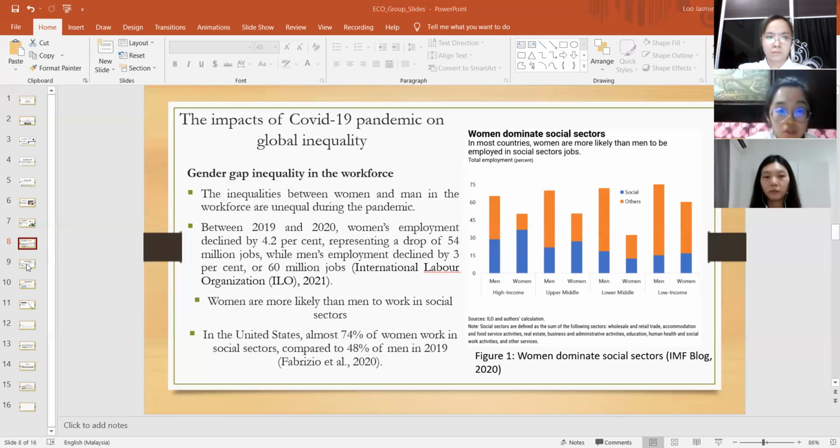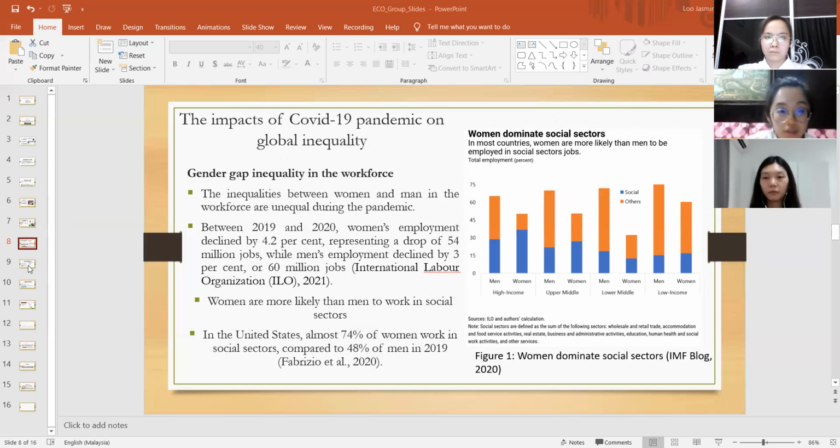Only 43.2% of the world's working age women will be employed in 2021 compared to 68.6% of working age men. Between 2019 and 2020, women's employment decreased by 4.2%, representing a drop of 54 million jobs, while men's employment also decreased by 3%, representing a drop of 60 million jobs.